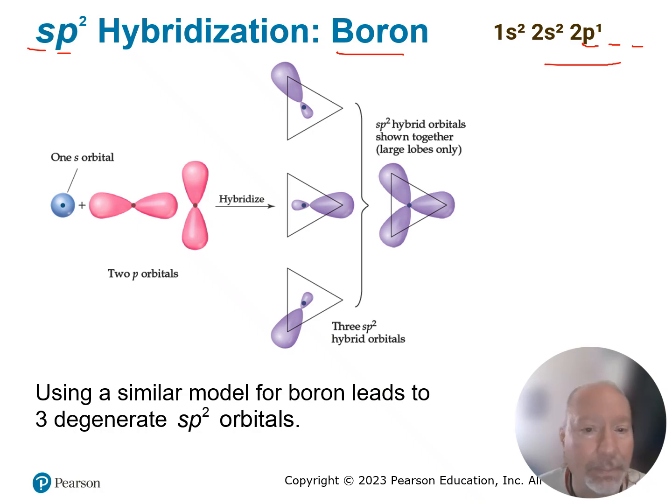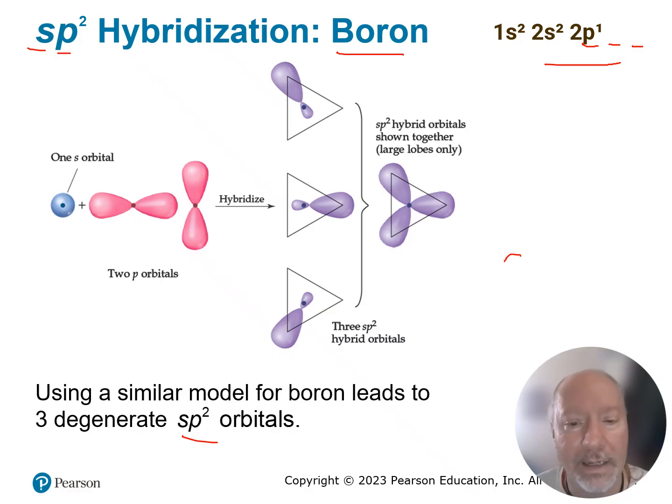And this happens in the process of boron binding with another atom to become a molecule. So this is its hybridization pattern, 2 p orbitals and an s orbital, kind of like what we saw with sp, but now we have 3 of these lobes instead of just 2. And so this is sp2.